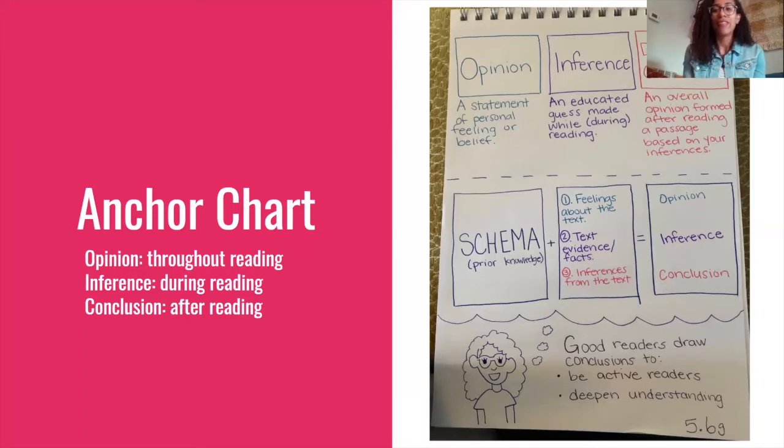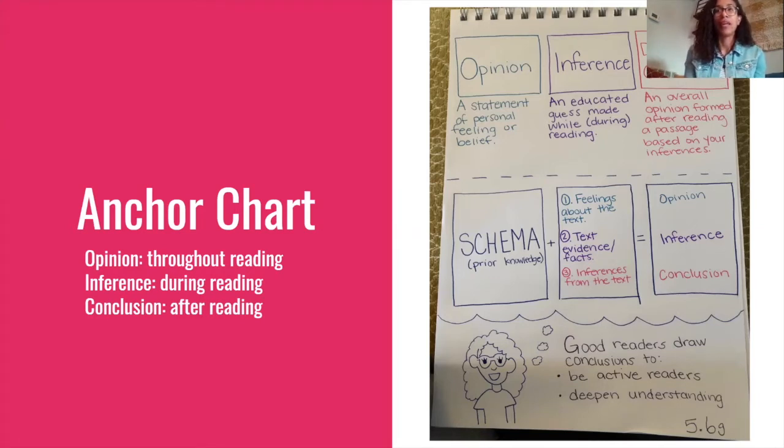Next, we'll look at inference. An inference is an educated guess made while or during reading. I'm sure you've made inferences before. It's when you take clues from the text and you form an idea that's not stated in the text.